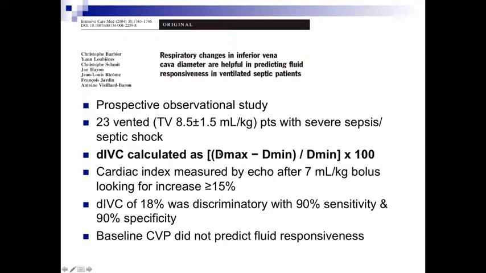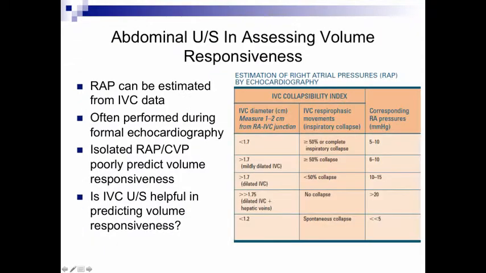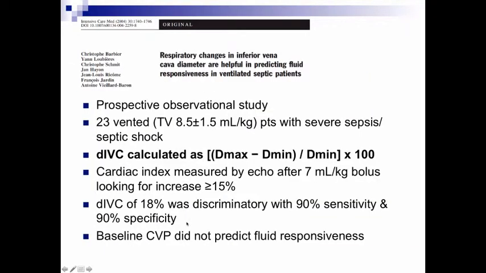They calculated it as the maximum diameter of the IVC minus the minimum diameter of the IVC, divided by the minimum diameter of the IVC, times 100. They measured the distensibility of the IVC.